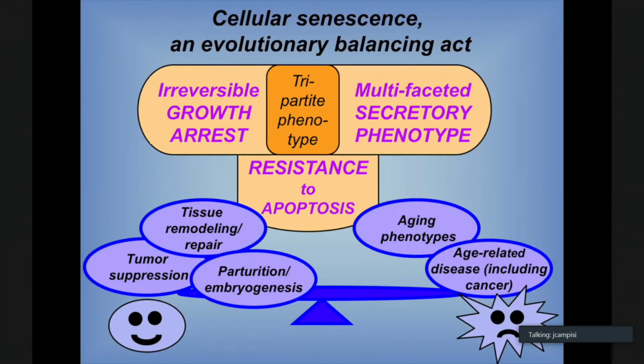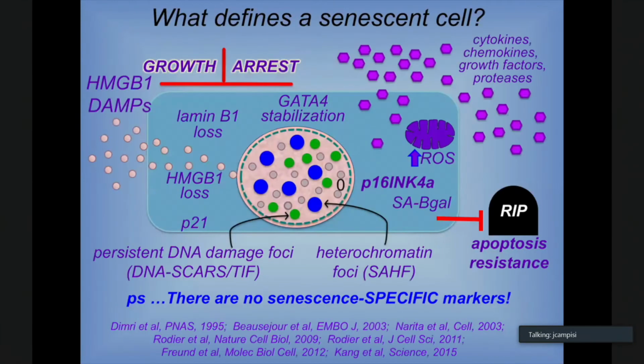So what we know so far about senescent cells in virtually all species that have been examined is based on biomarkers. There are now, this is just a partial list of the many biomarkers that have been used to identify senescent cells.